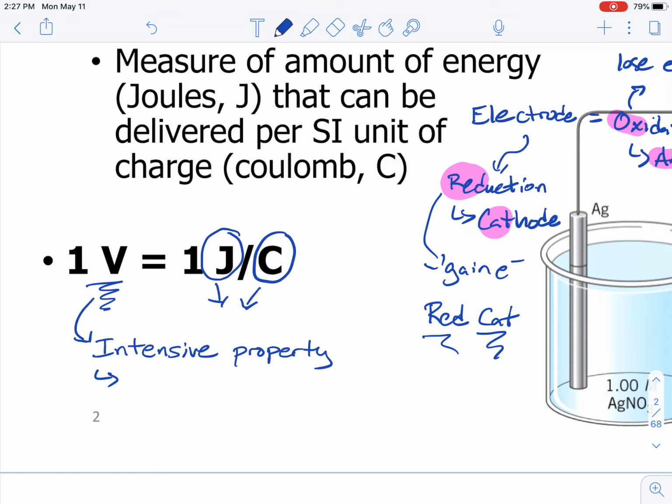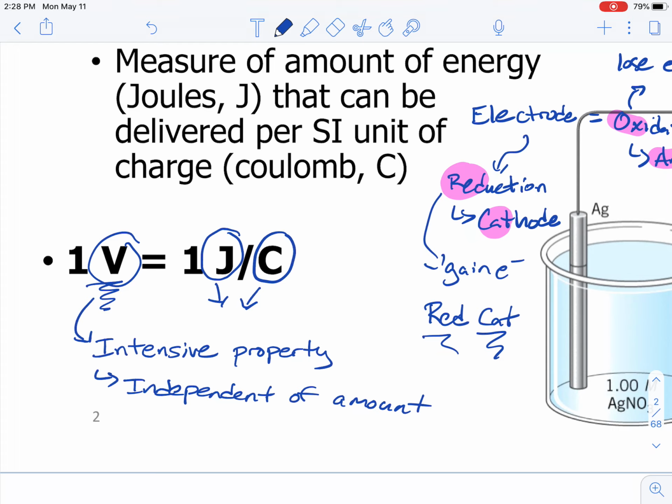Long story short, density, much like the unit volts, is an intensive property, meaning that the unit is independent of amount.